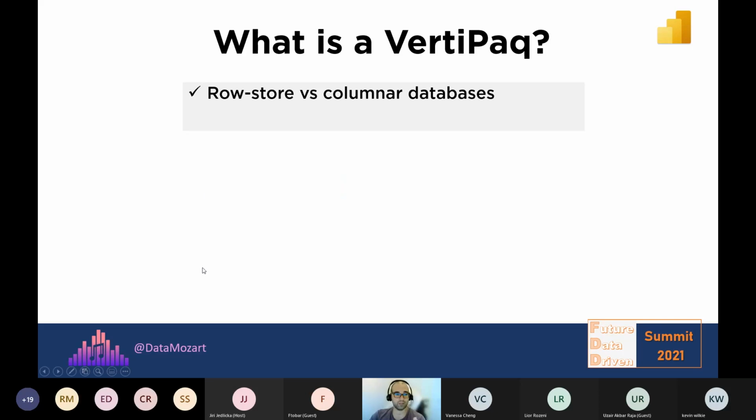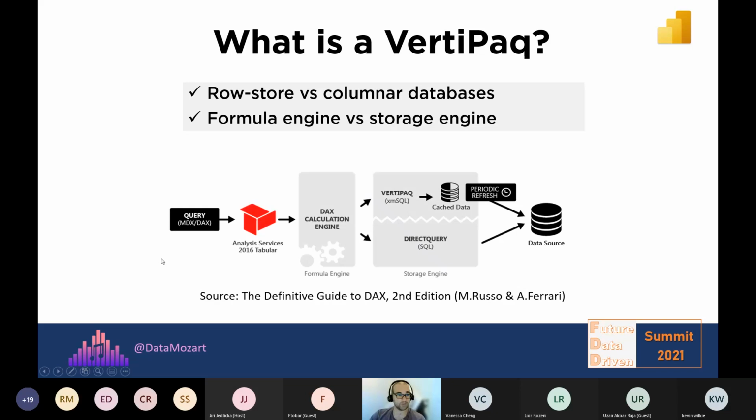Another important distinction in order to understand what VertiPaq is, is to understand the difference between the formula engine and the storage engine. As you can see in this illustration taken from the book Definitive Guide to DAX by Marco Russo and Alberto Ferrari, this is the simplistic version of how this engine looks.